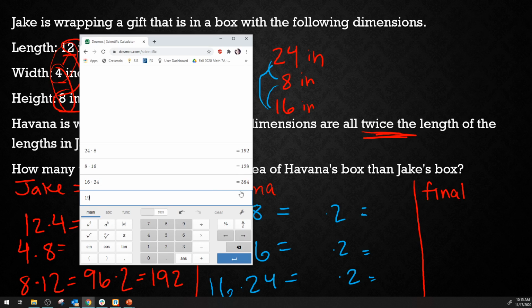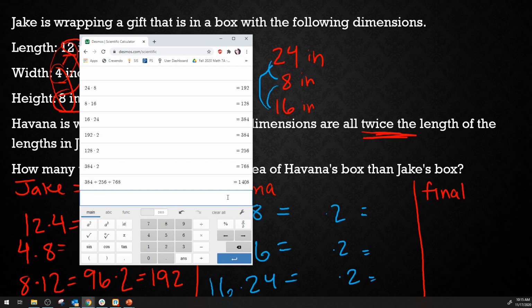So I have 192 times 2, 128 times 2, 384 times 2. So I'm looking at these three answers right here. I need to add these together, and that's going to give me the surface area. So 384 plus 256 plus 768.